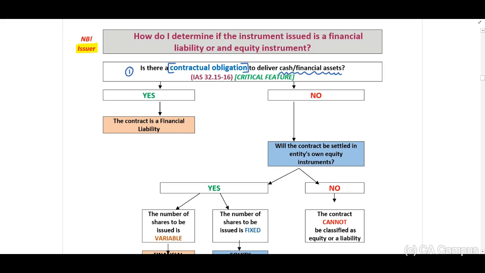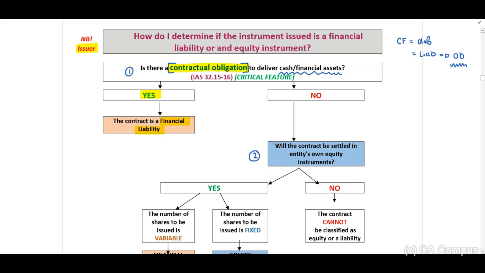Now guys, when you think about your conceptual framework, your definition of a liability is that there has to be an obligation. Now when you ask this question, is there a contractual obligation? And your answer is yes. You need to know that you will have to recognize a financial liability. If your answer is no, you need to ask the next question.